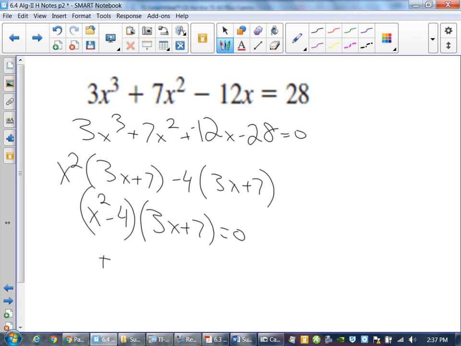Zeros are at plus minus 2 and -7/3. Yay! It isn't any different than what we've done. It's just higher degree polynomials. You might have to do one extra difference of squares towards the end. That's about it. I like this kind of stuff.